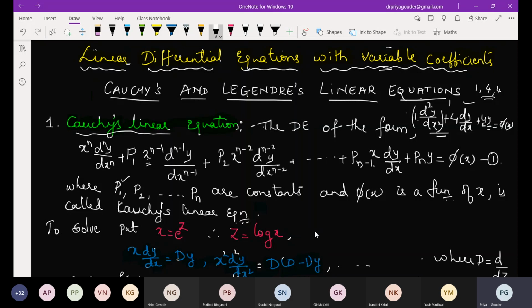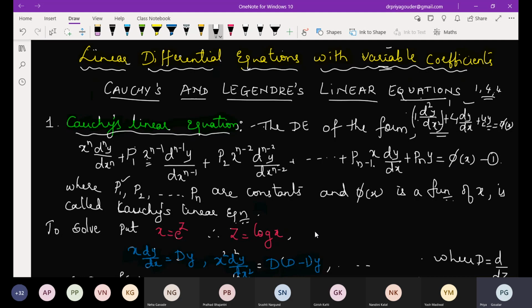The standard format of Cauchy's linear equation is that along with the nth order derivative, x raised to n is attached. What is the order of d raised to n y by dx raised to n? Isn't it n? So along with that you should have x to the power n only.